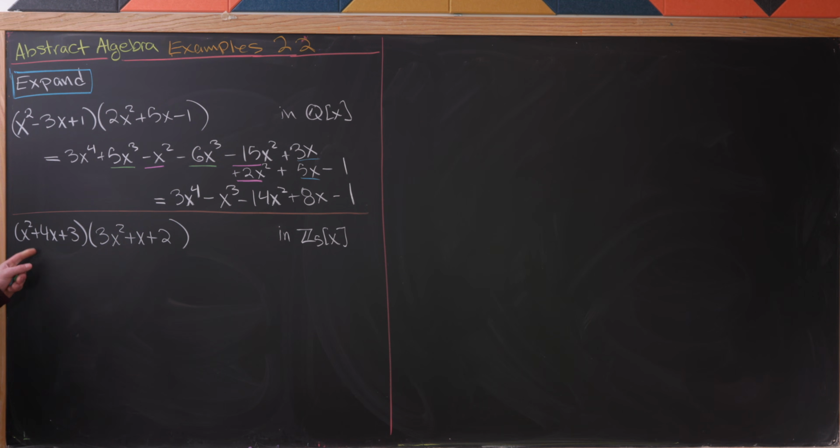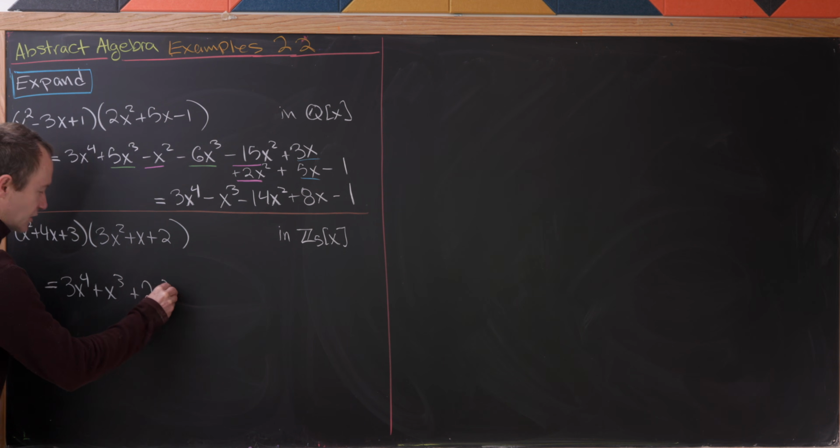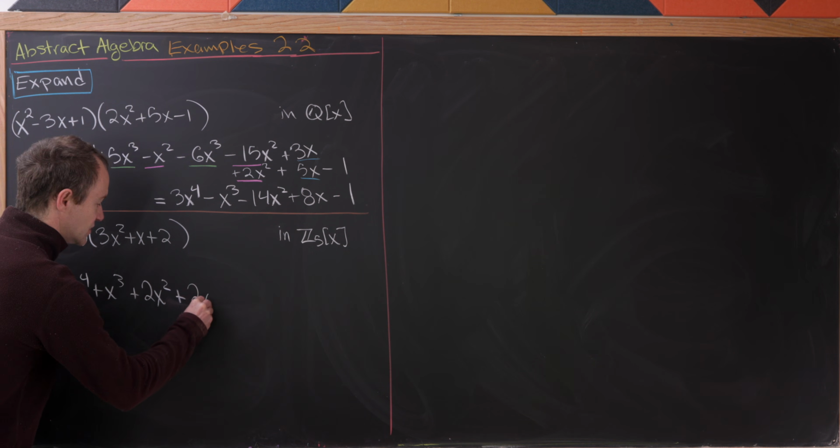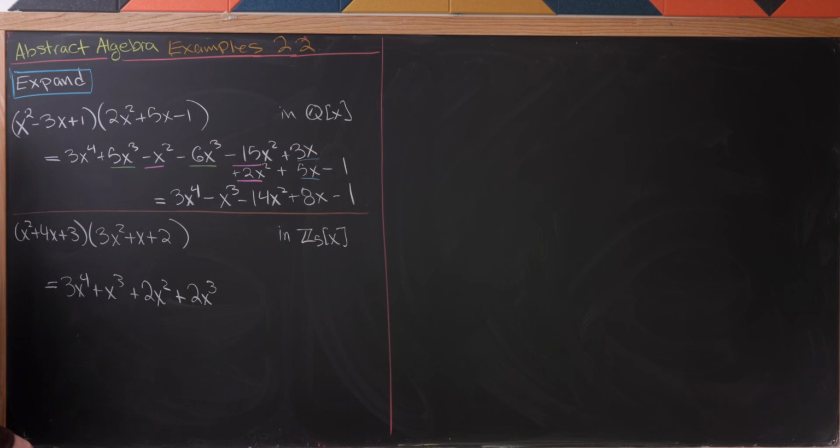And now let's do the following product inside of Z5 adjoin x. This is going to be exactly the same game. So let's rip through it a little faster. So we have x squared times 3x squared, that'll be 3x to the fourth. Then let's see, plus x cubed plus 2x squared. Then let's see, plus 4 times 3 is 12, but that is 2 inside of Z5.